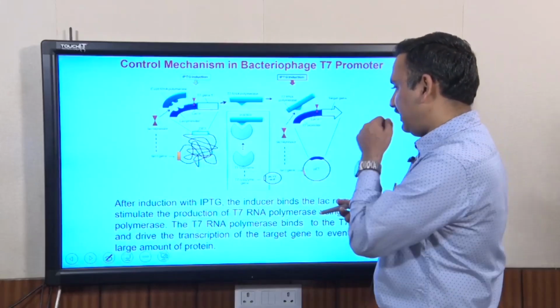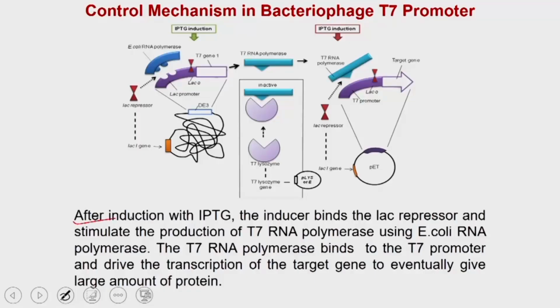What we are trying to say is, once you do the induction with IPTG, the inducer is going to bind to the lac repressor and stimulate the production of T7 RNA polymerase using the E. coli RNA polymerase.